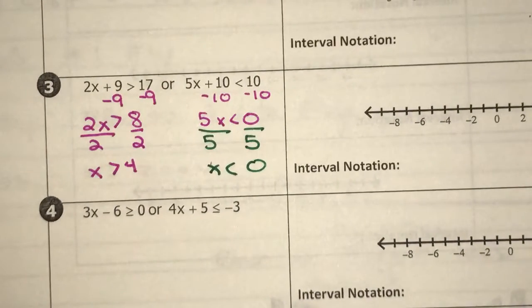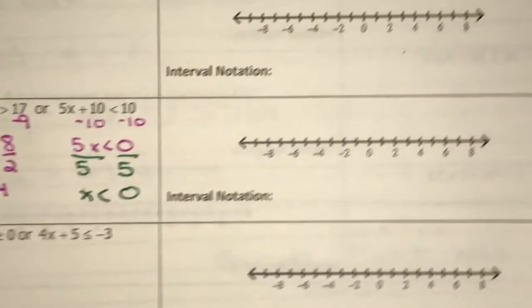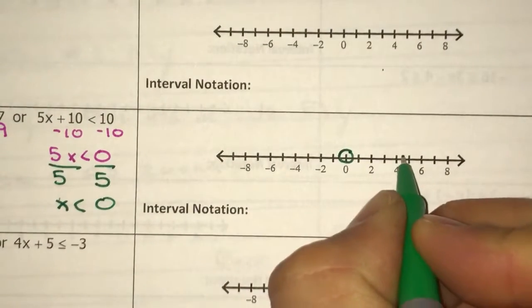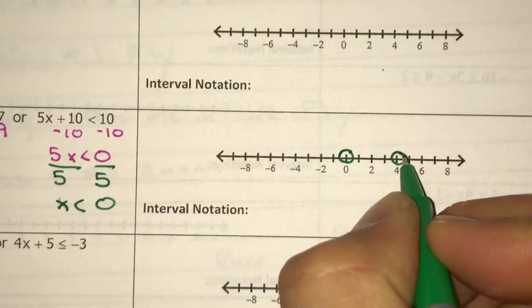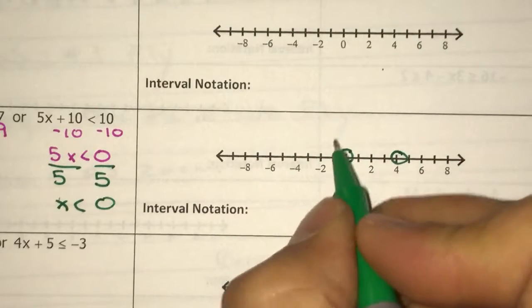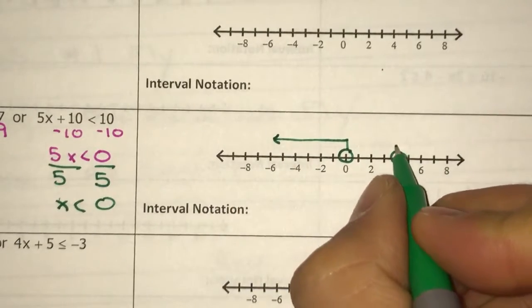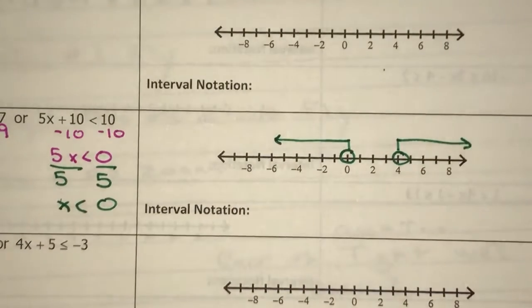So we need open circles on 4 and 0. X is less than 0, so my arrow goes left, and x is greater than 4, so that arrow goes right.